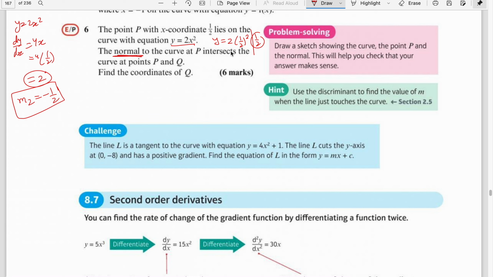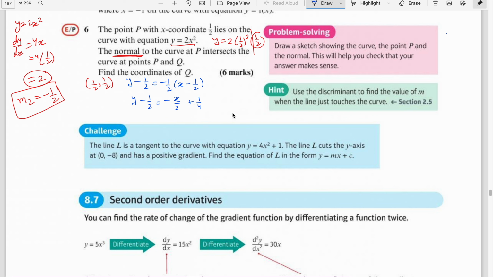Now I have the coordinates, and at (1 by 2, 1 by 2) it crosses the curve and the gradient is this. To find the equation of normal, y minus y1 equals m into x minus x1. y minus 1 by 2 is equal to negative x by 2 plus 1 by 4.